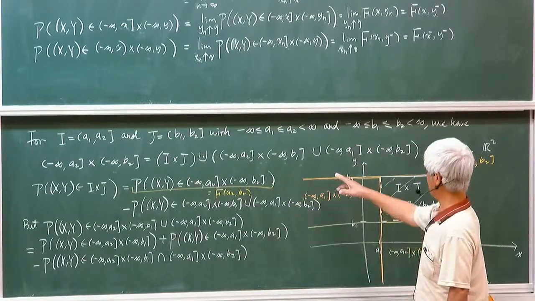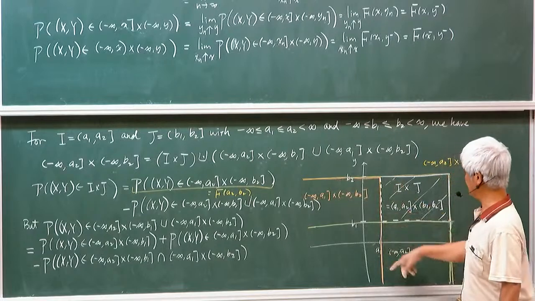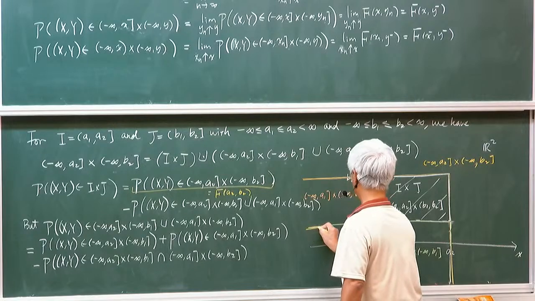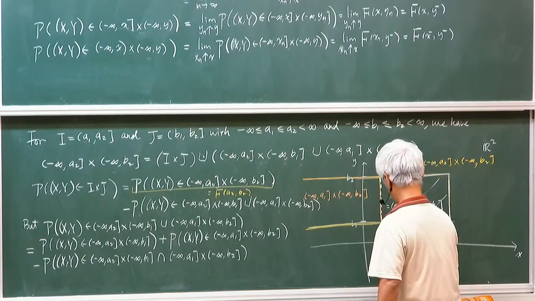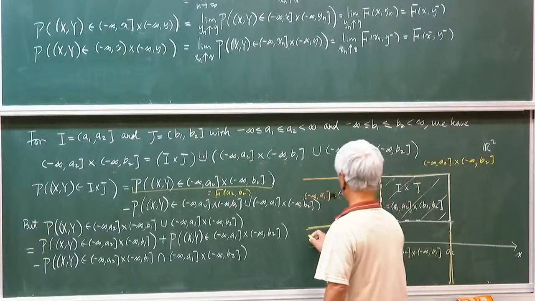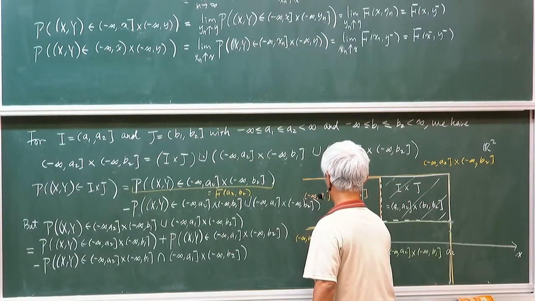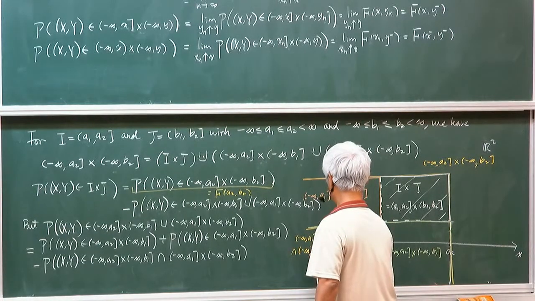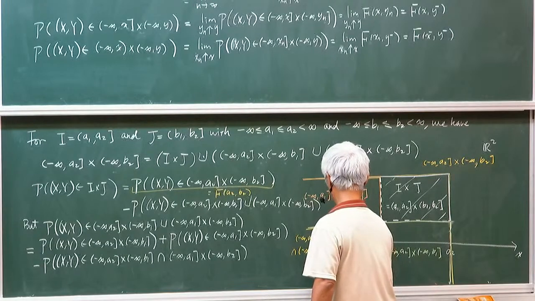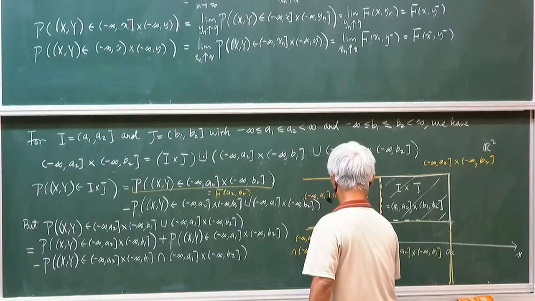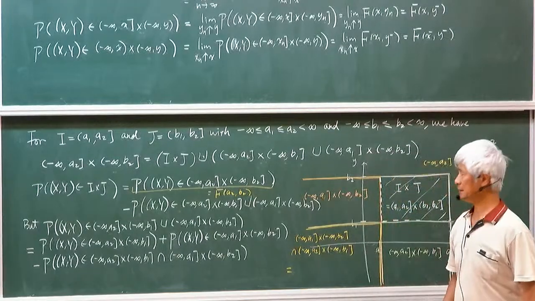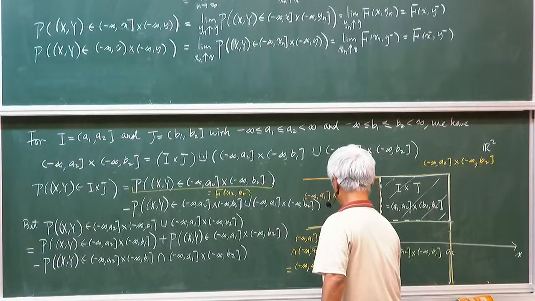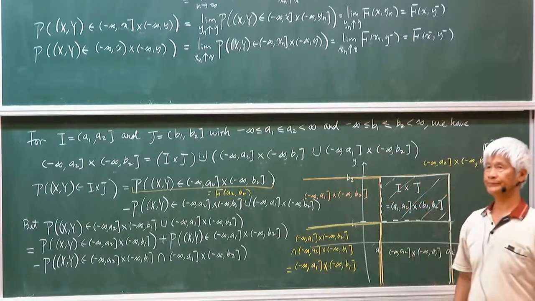But the intersection of these two, the orange and the green parts, is the yellow part. So the intersection is equal to A1 Cartesian product with B1.